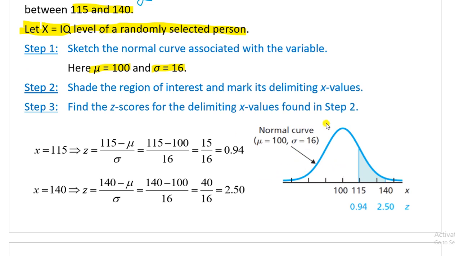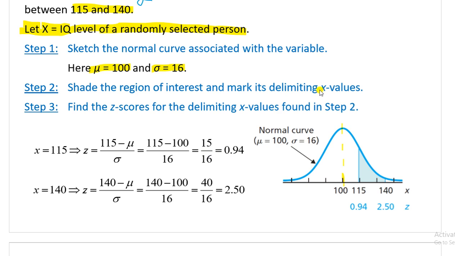If I sketch a normal curve, it does not have to be very accurate because normal is normal. I don't know whether it's very tall or very flat, so don't worry about that. Now mu, 100, should be right in the middle, at the highest point. So I put 100 right in the middle here, and sigma is 16. Sigma cannot be shown, of course, because it gives you the spread.